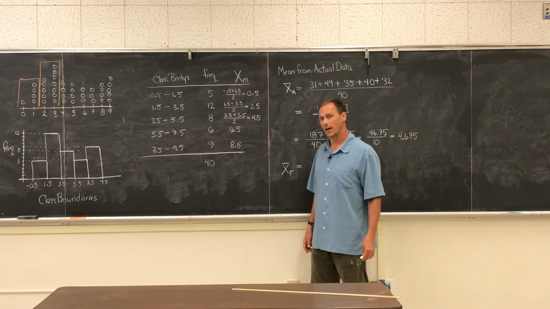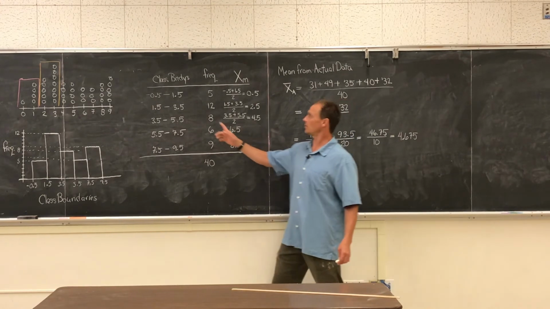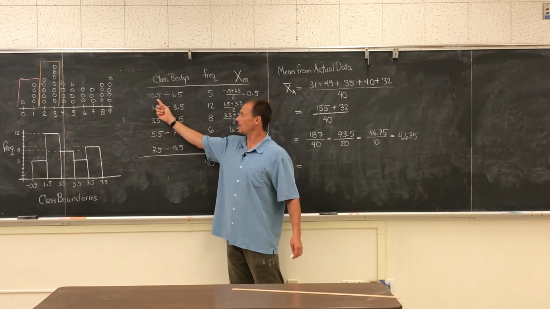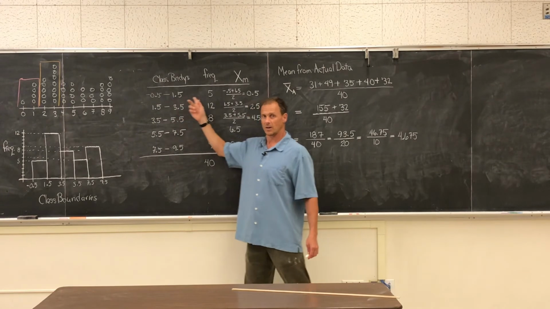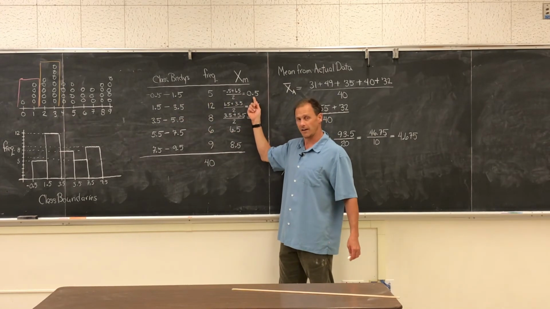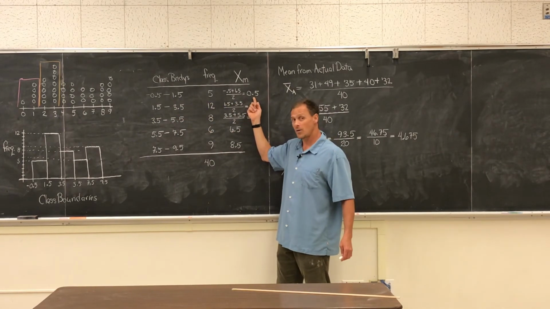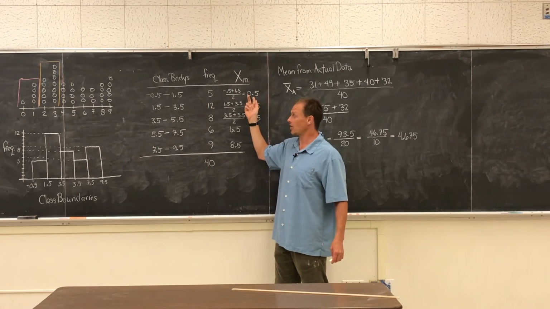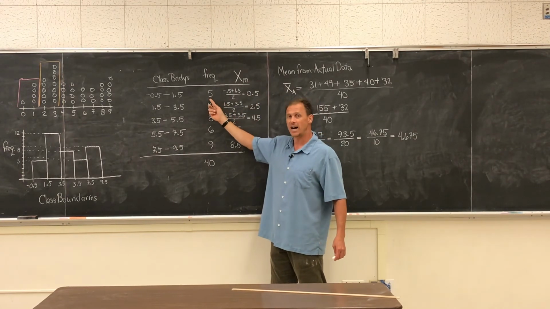The reason is, remember what we've done is we've said that any data point in this first bin, we're now representing it as a 0.5. Well, how many 0.5s are there in there? 5.